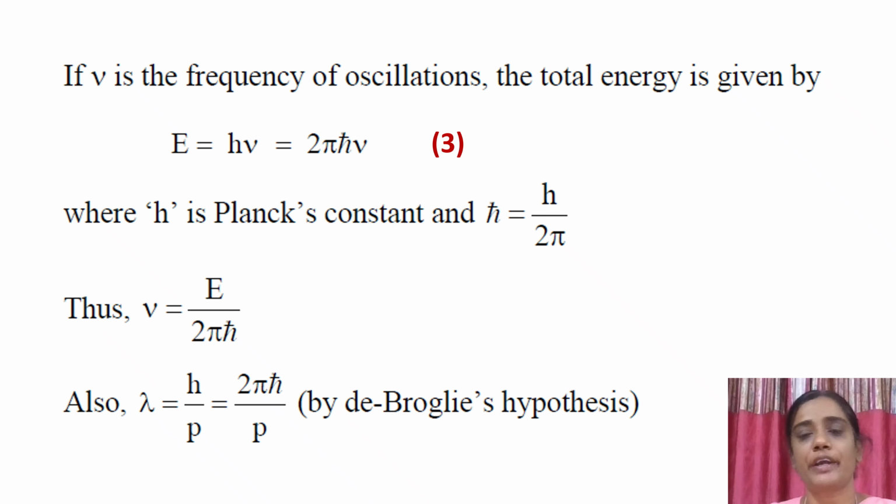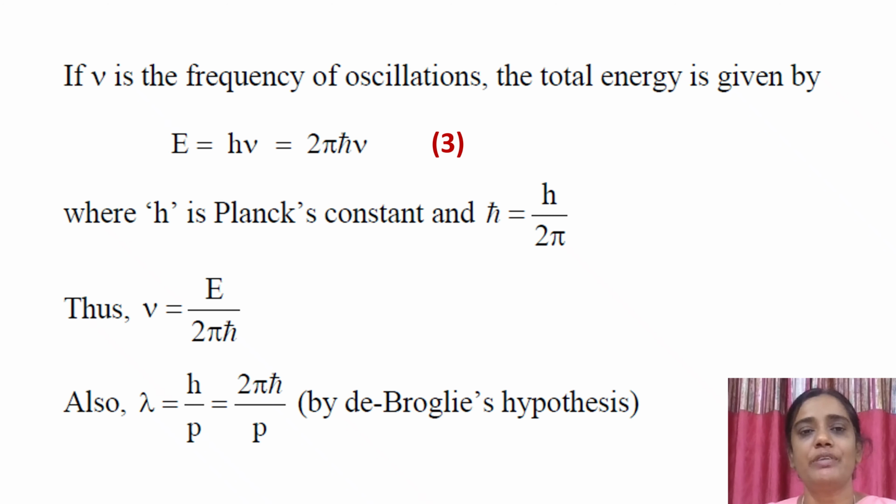If nu is the frequency of the oscillation, according to Planck's equation, we know the total energy is given by E is equal to h nu. Here h is Planck's constant and h cross is nothing but h by 2 pi. Therefore, h is equal to 2 pi h cross.